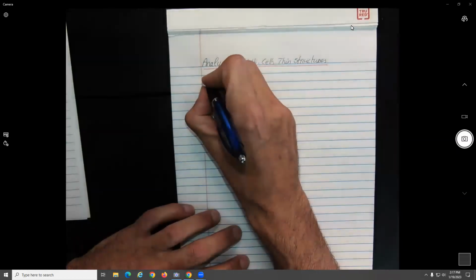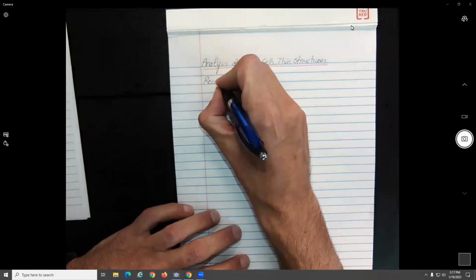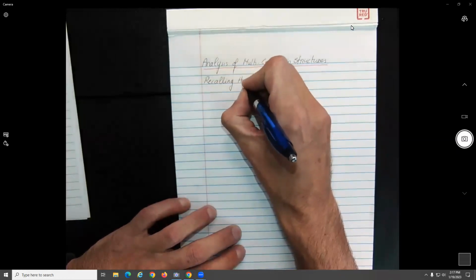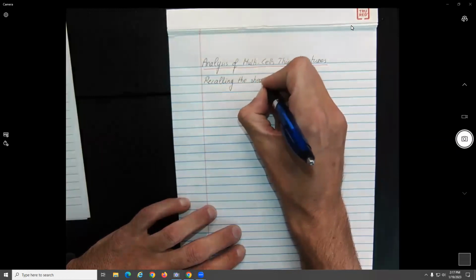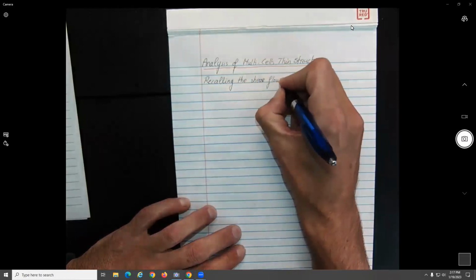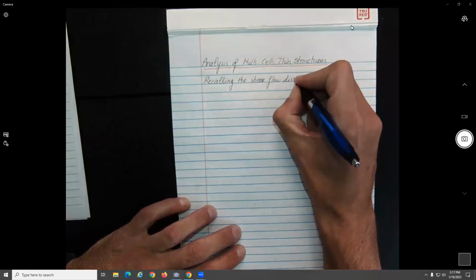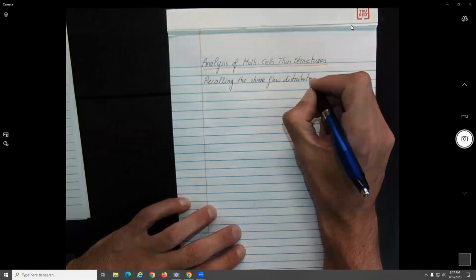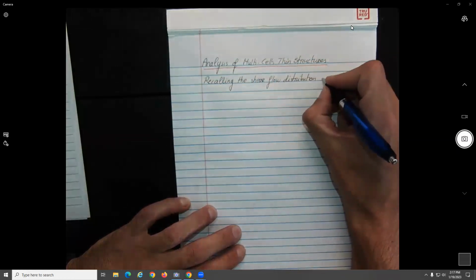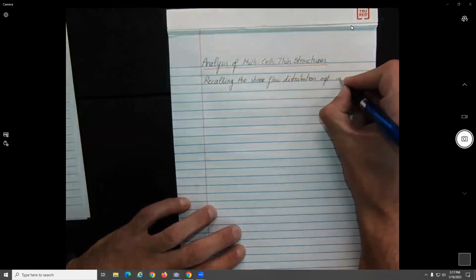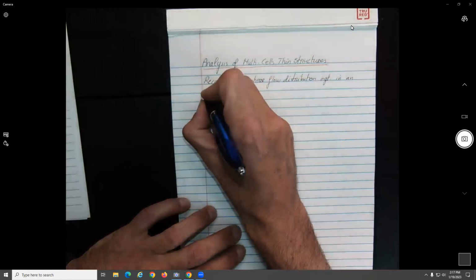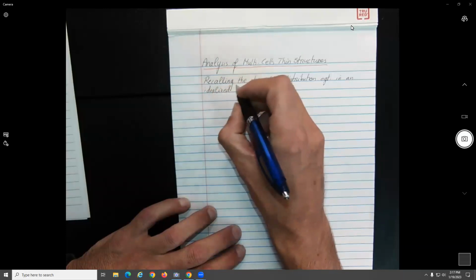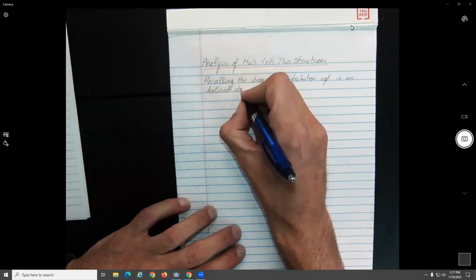So here I'm going to write something which is recalling. I'm not going to derive the equation again. So, recalling the shear flow distribution equation in an idealized structure.